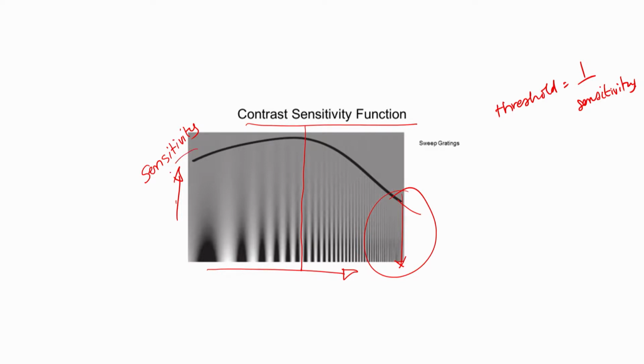Similarly, very low frequency also needs higher threshold. The least threshold is necessary only for the medium frequencies. So, how we can use this sensitivity function to come up with a limiting resolution is our topic today.